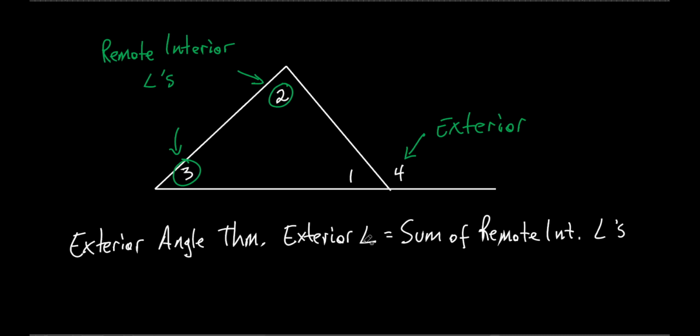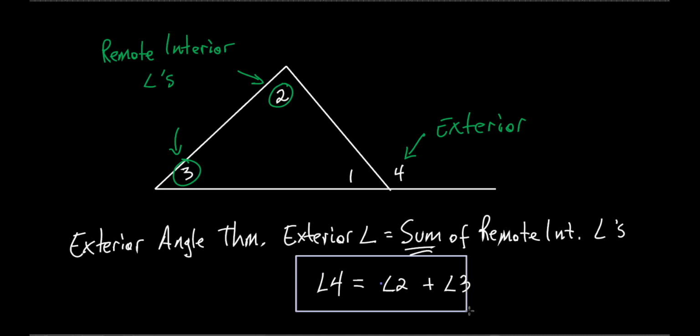So that means what? Which angle in this picture right here is the exterior angle? Angle what? 4, okay? So watch. So angle 4 will equal the sum. What does that mean? We're going to add the two remote interior angles. Which ones are my remote interior angles? Yep, I'll put 2 and 3 if that's all right. Angle 2 plus angle 3.